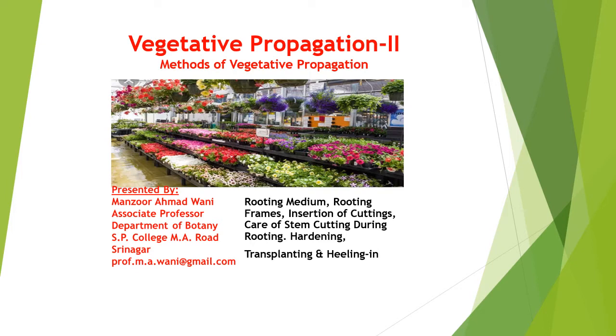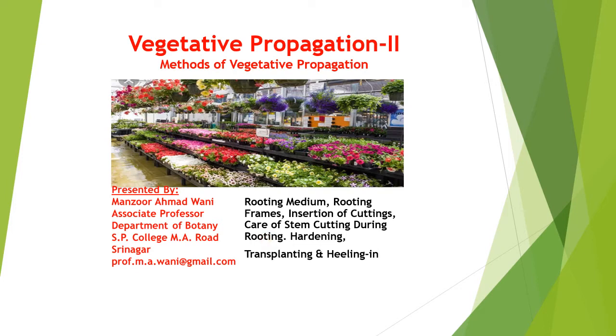In Part 2, we will see the rooting medium and different types of rooting frames, and how to plant the cuttings in the rooting medium, and the care to be taken during rooting, hardening and transplanting of the newly rooted stem cuttings, and some other techniques related to it.